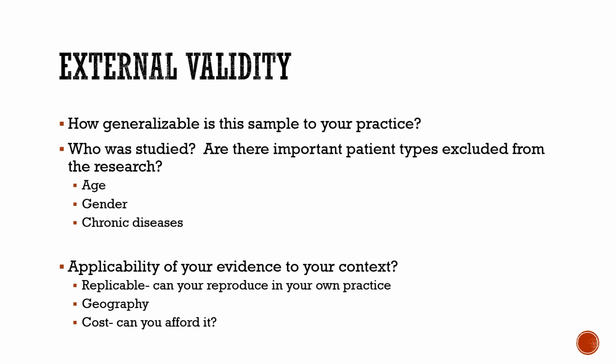There are two types of validity that we look at, in general. And validity is really how rigorous or how sound the research was done. In terms of external validity, here we're looking at how generalizable the article that you found is to your own population. Is the sample similar?